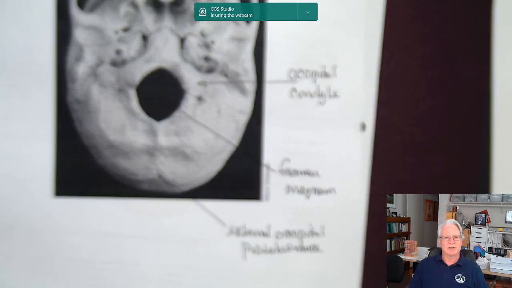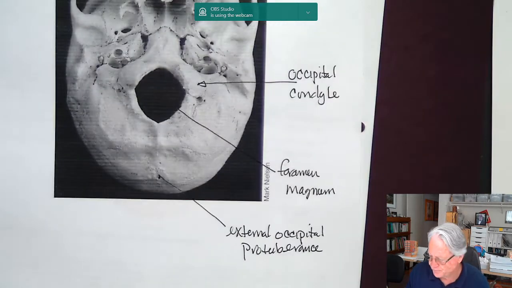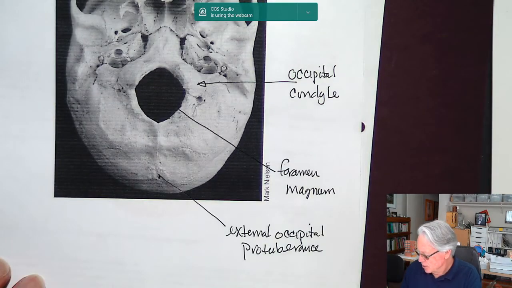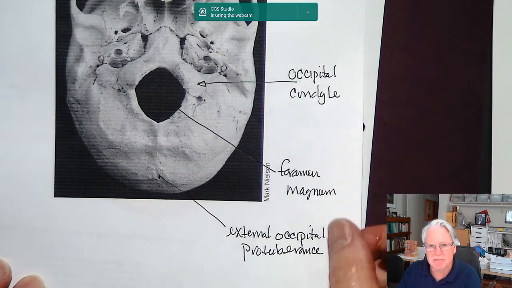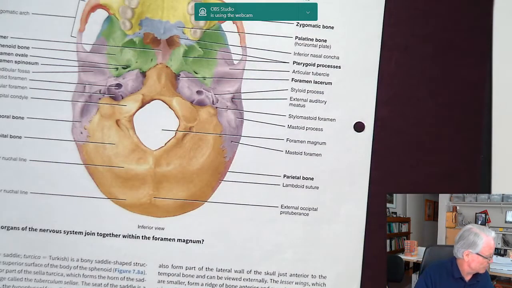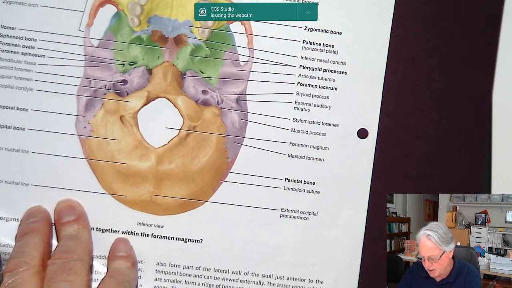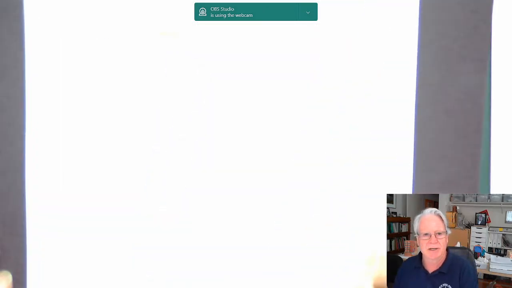All of it there in one single picture. All right. So keep these functions in mind because I will test you on the functions of those structures. All right, so that's the occipital bone. What's the next bone on our agenda? The next bone is the temporal bone. So let's take a look at what we need to know.